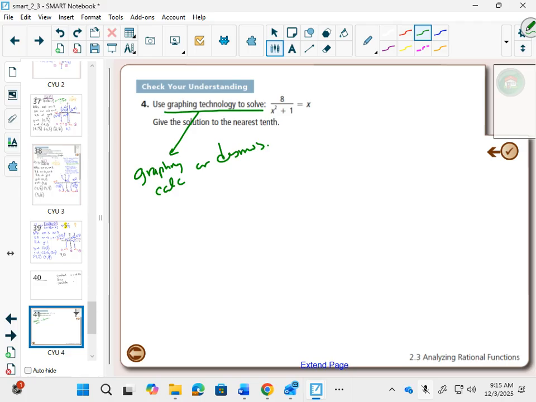What you're going to do when you're solving an equation like this with graphing technology is you're going to take the left side and make one graph, and you're going to take the right side and make a second graph. So I'll start with the graphing calculator.